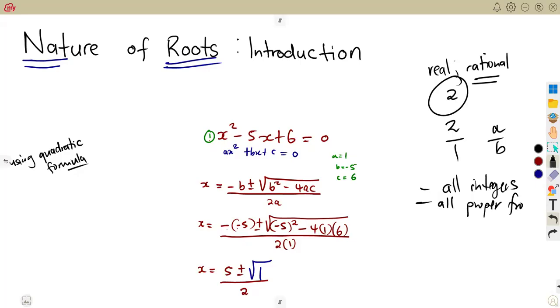Let's just say, guys, all fractions. Proper fractions, improper fractions, mixed fractions. All of them. Decimals, which are terminating.